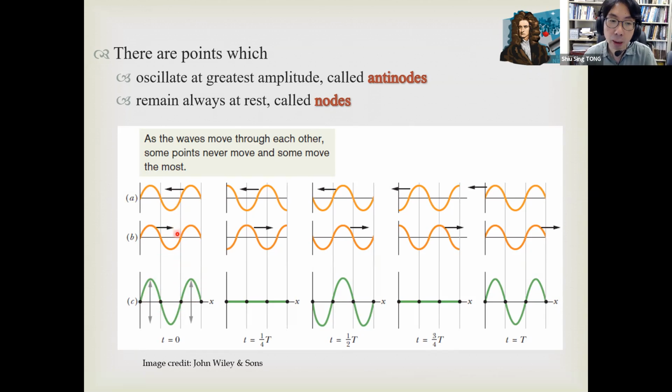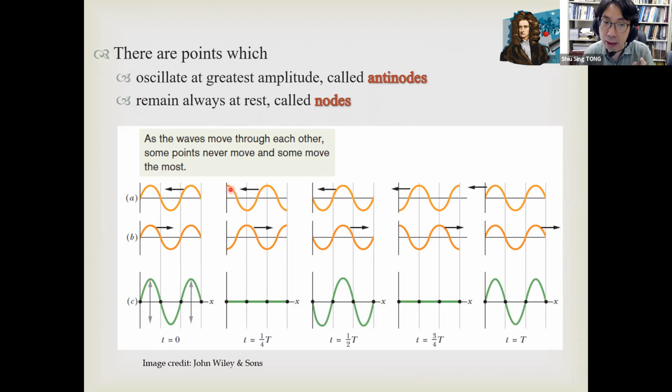Now suppose we wait for a certain time, equal to a quarter of a period. This wave is traveling to the left, this wave traveling to the right, and after a quarter of a period, the two waves become pi out of phase, half a wavelength out of phase.